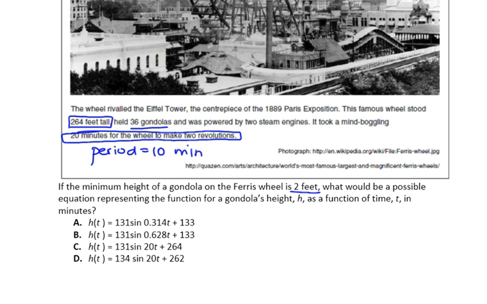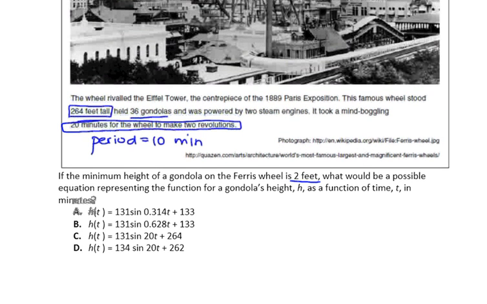Okay, so first off, we know our min is 2. How can I get my maximum height? 264 plus the 2? If it's 264 feet tall, I'm guessing this is including the 2 feet off the ground, though. Yeah, right? So that would be my max.